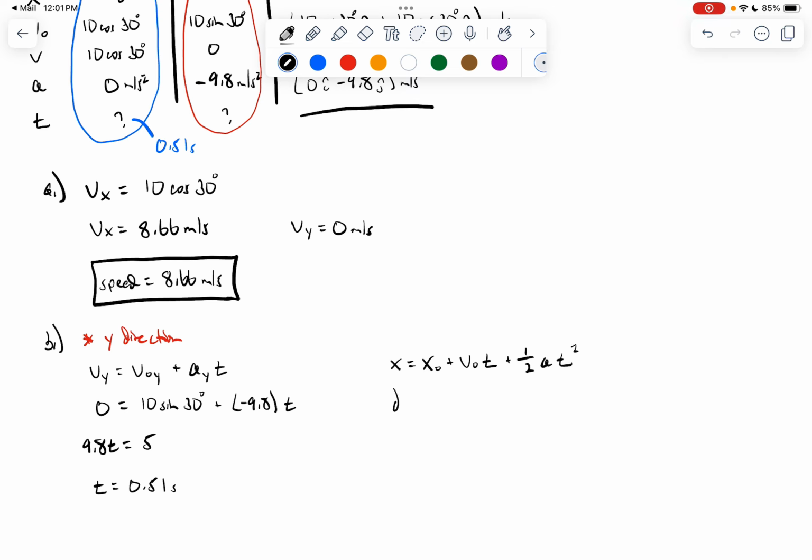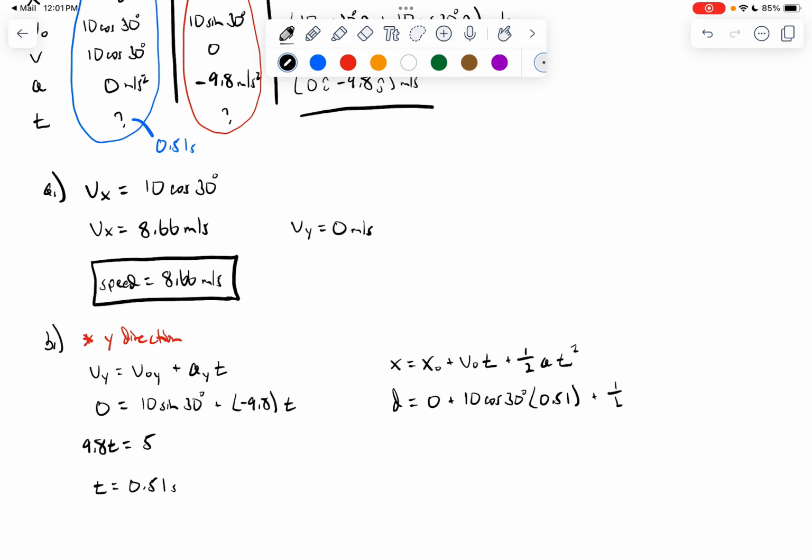So final position, that's going to be given as this horizontal distance d. Our initial position was 0. Our initial velocity was our 10 cosine 30 degrees. Now multiplying that by our time of 0.51 seconds.